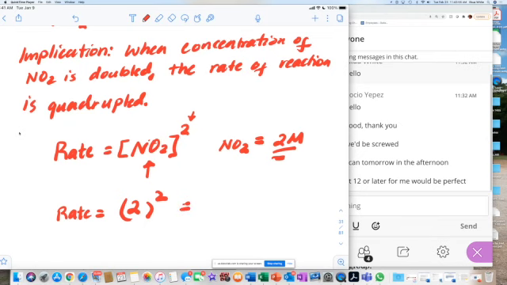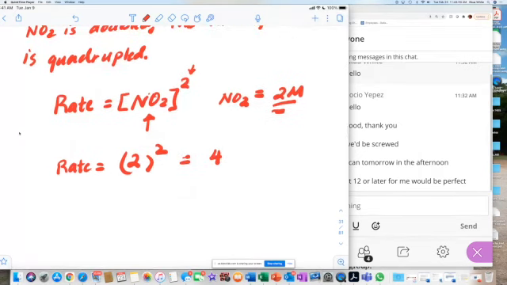So rate will be equal to 4, right? And then let me go ahead and double the amount of NO2. If I make NO2 now 4 molar, I can now figure out the new rate because the relationship between NO2 and the rate is consistent.